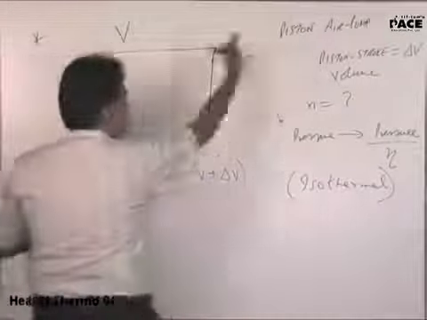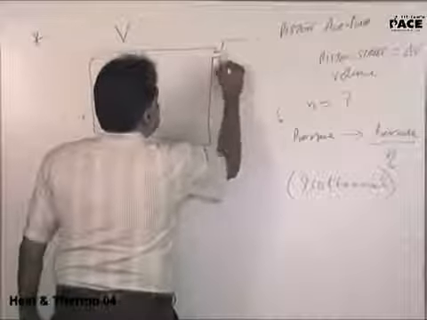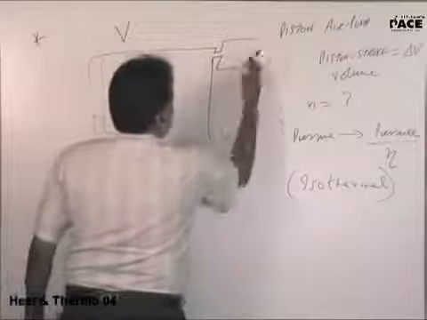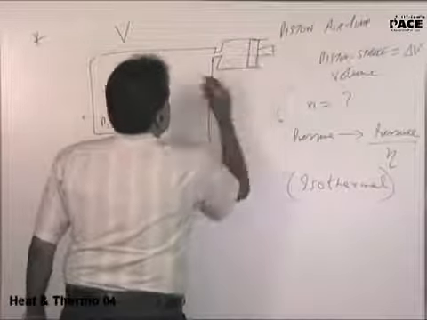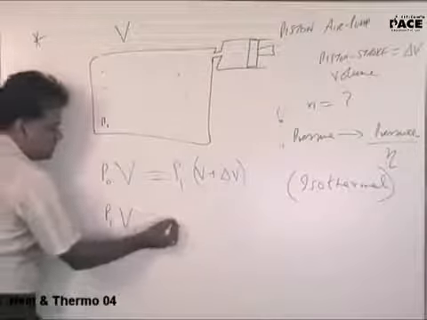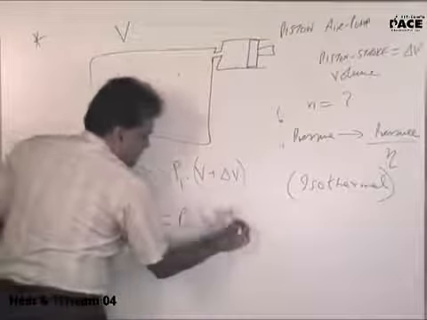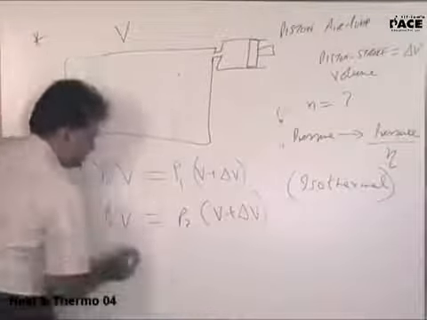Now again you will inject the piston and again draw the gas. So the piston will be here and then you will draw the gas. When you draw the gas this time, initially the pressure was P1, now the pressure will become P2. Repeat procedure. So this goes on like that.